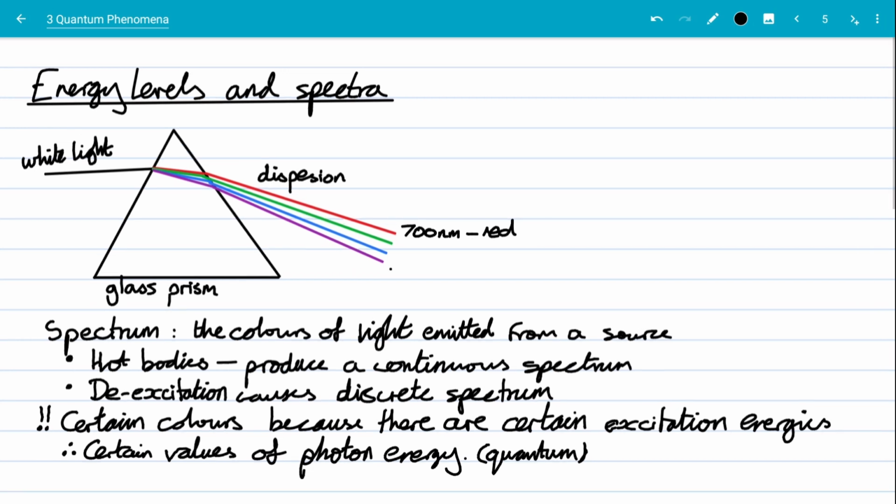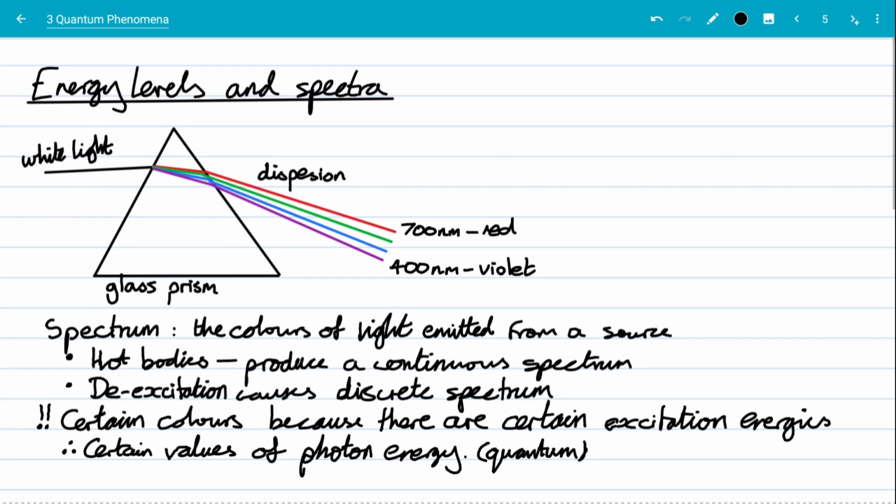The extreme end of violet would be perhaps 350, although we usually say 400 nanometers for a violet color, purple as everyone else would call it. About 530 nanometers somewhere is green in the middle. And it's good to have some sort of understanding of this.